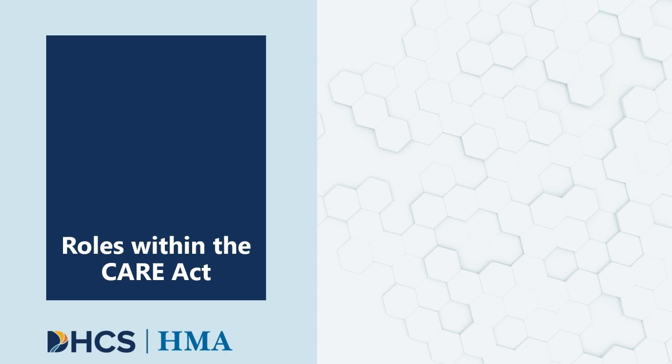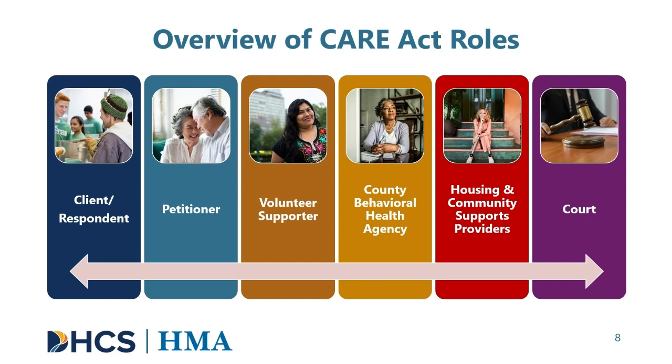So let's take a look at an overview of the primary roles in the care process. These are the primary roles: the client, also known as the respondent, the petitioner, the volunteer supporter, the county behavioral health or BH agency, the housing and community support providers, and of course, the care court and the roles within that court.